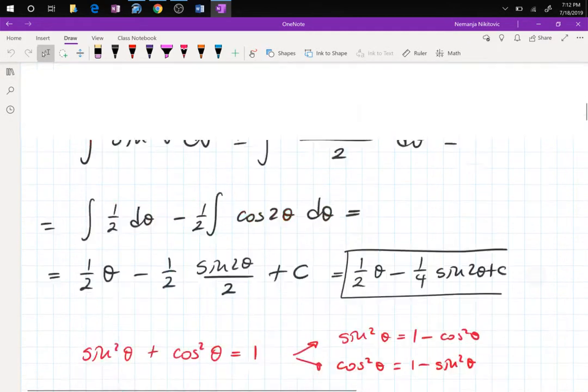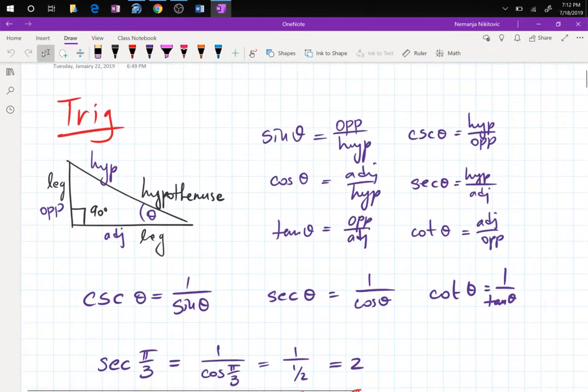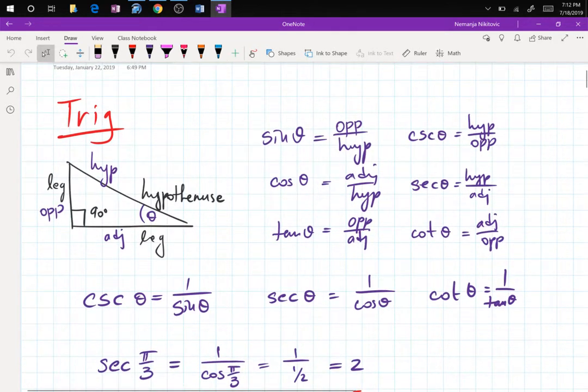Where's the trig? There it is. Would it be helpful if I post these notes from before? So, basics of trig. Review this because trigonometric integrals are next class, Monday.